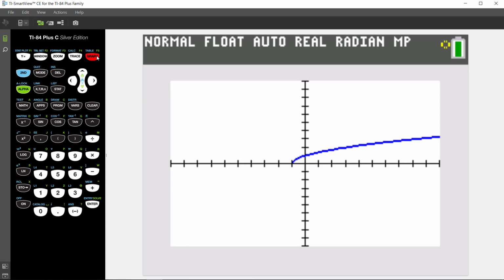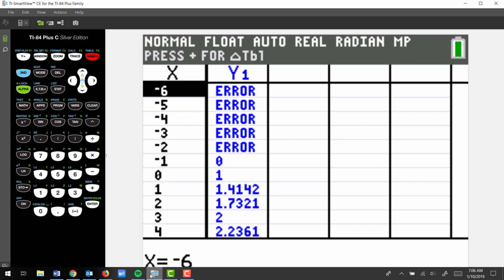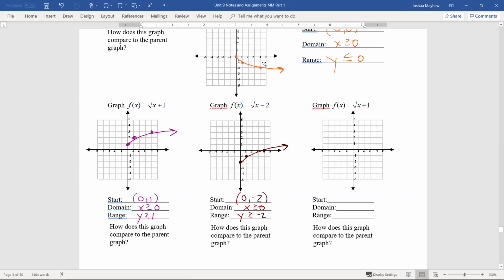So let's look at a couple of points. (-1, 0) is going to be my starting point. Then I can use (0, 1) and (3, 2). This is similar to parentheses in our other functions. In this case, we're not necessarily going to have parentheses for a square root function.